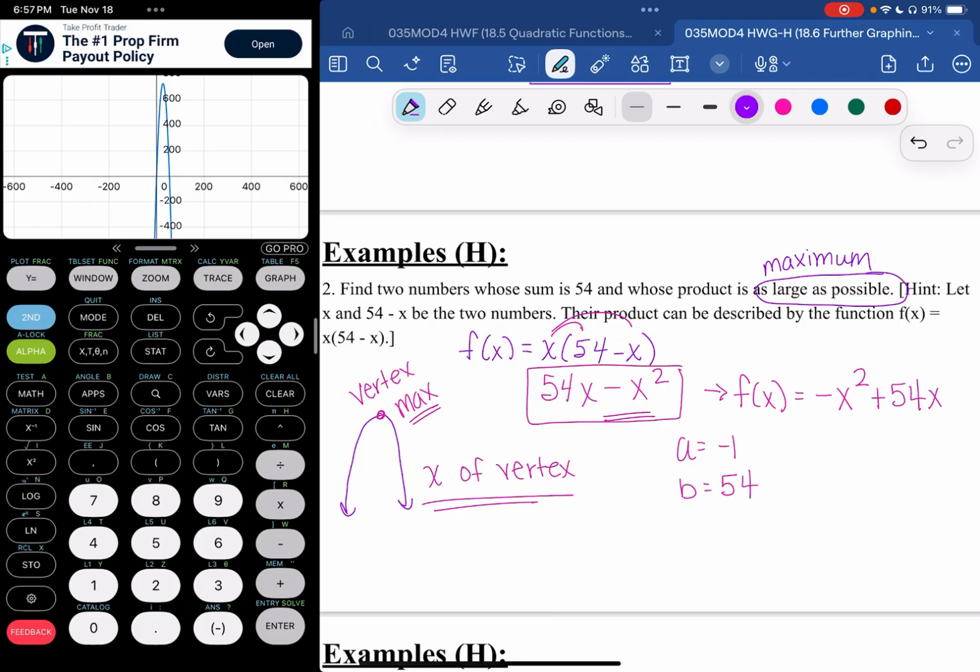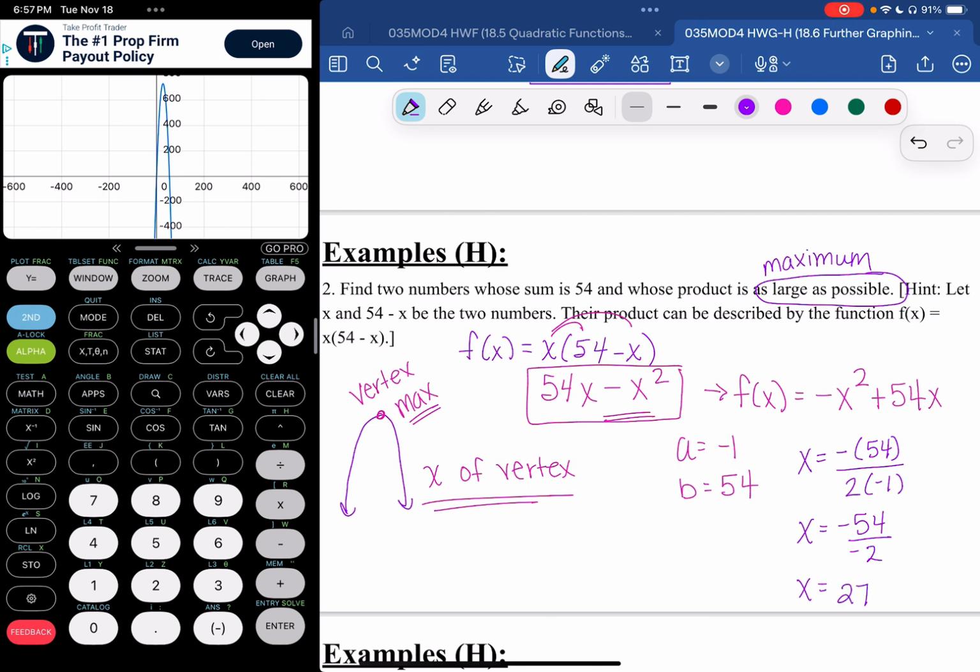And if I use my vertex formula, x equals -b over 2a. And if I simplify that, I get -54 over -2, which is 27. And so that's one of the numbers.